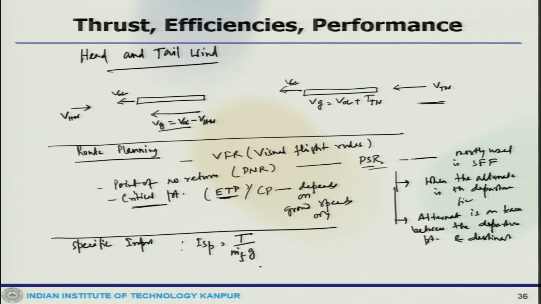So, we can also write the range as U ISP L by D ln m1 by m2. This is equally applied for both rockets and aircraft. Specific impulse, the unit will be in time. So, these are the things, and now we have looked at different factors. Slightly more discussion is left over for endurance and so on, that we will do in the next class.